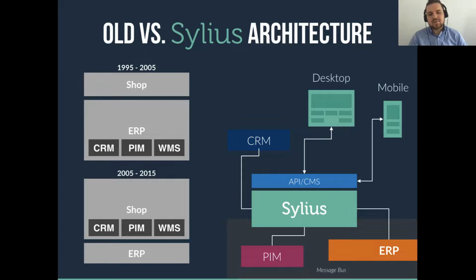Then we had a period where there was a switch, and more and more responsibility was put on the shop, and we noticed that this is definitely too much functionality put into these e-commerce platforms. That's why they become bulky.